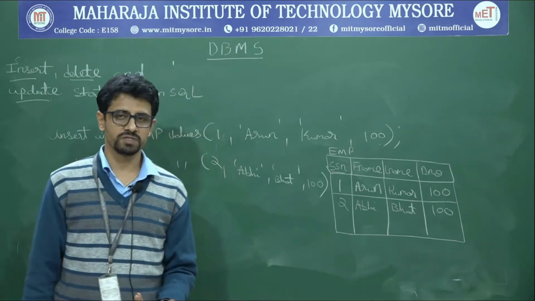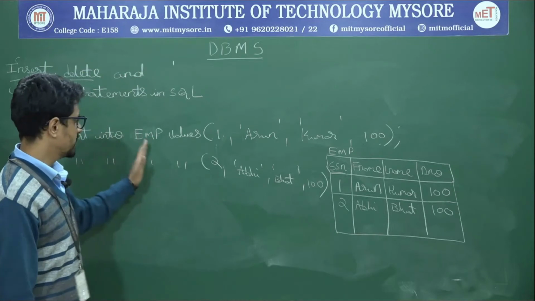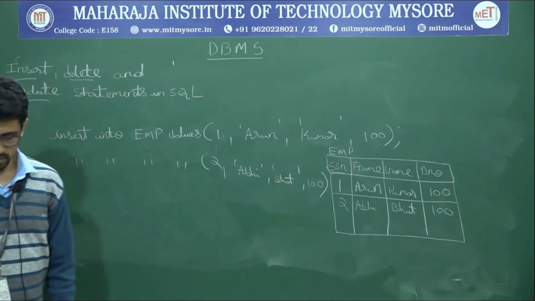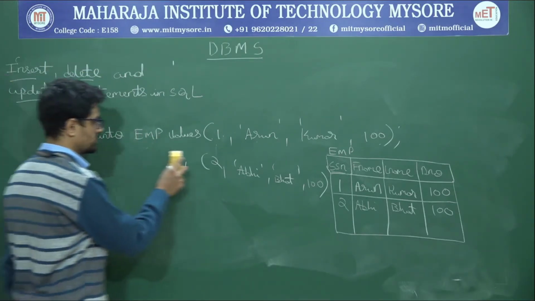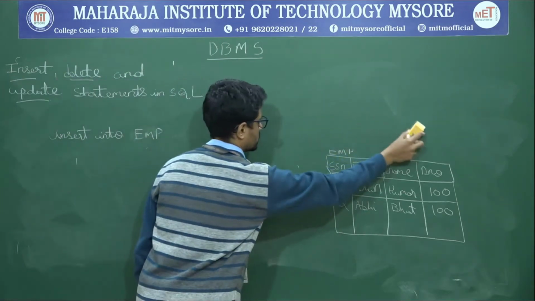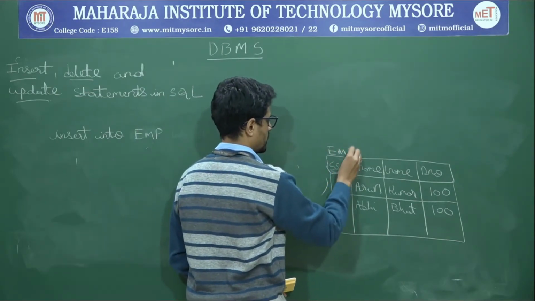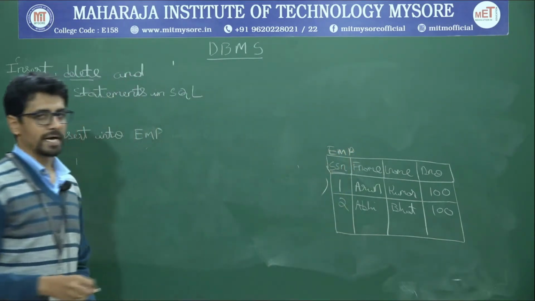Now there are many ways you can specify this insert command. The basic way is INSERT INTO EMP VALUES. There is another way to specify the values, by explicitly specifying the attribute names.